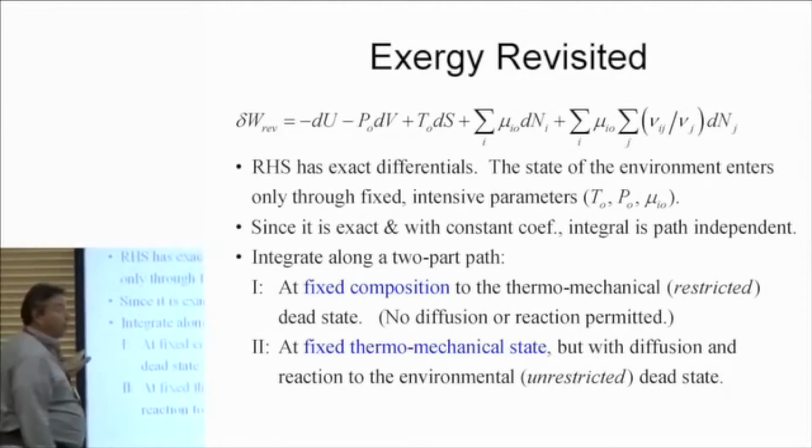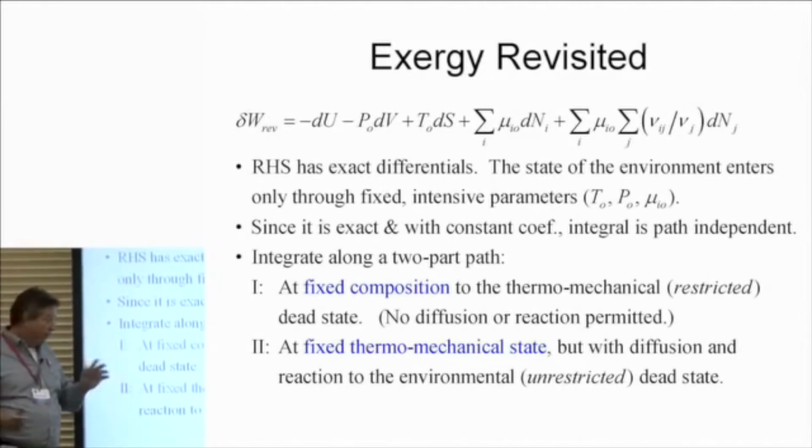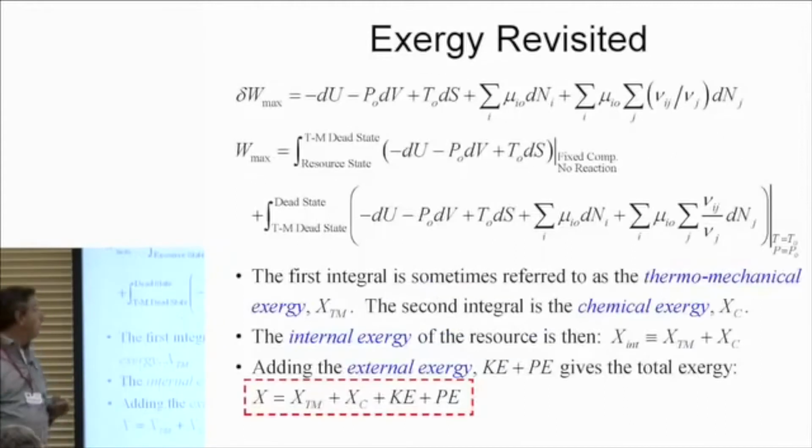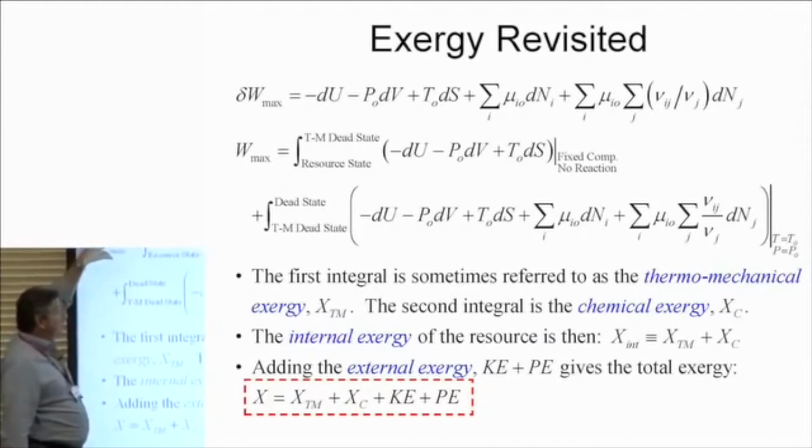So we'll take it to thermomechanical, temperature and pressure of the environment, but no reaction. Then separately, at fixed temperature and pressure, we'll do the chemical reaction part. This will be called the thermomechanical exergy. That'll be called the chemical exergy. And if we do that, what we've basically done is broken it up into two integrals.